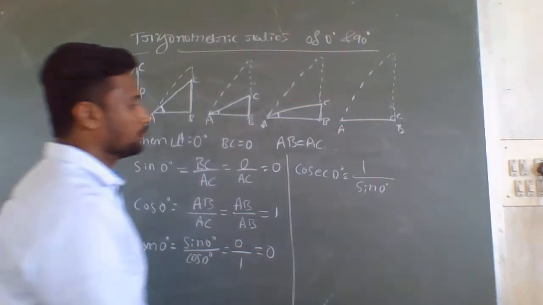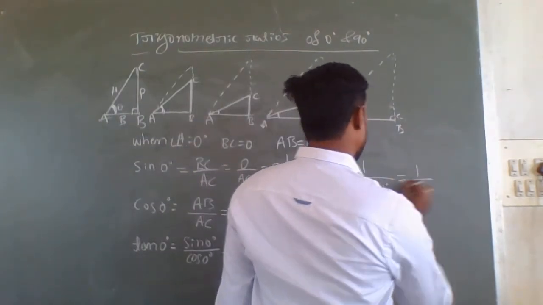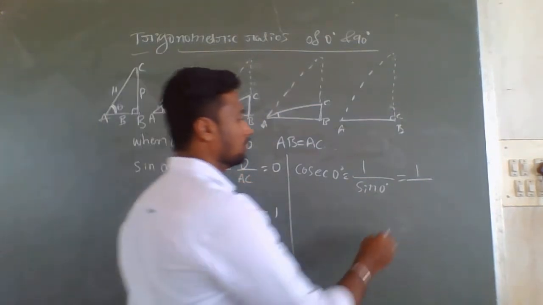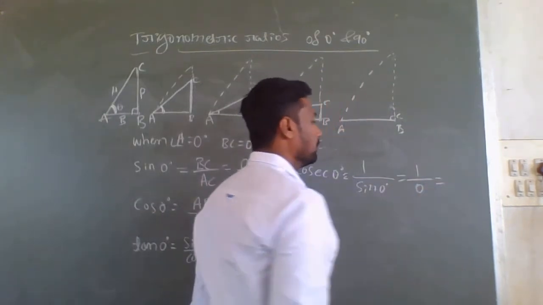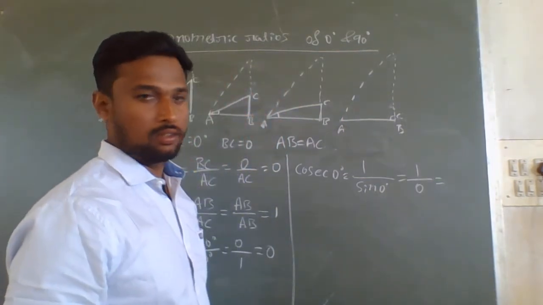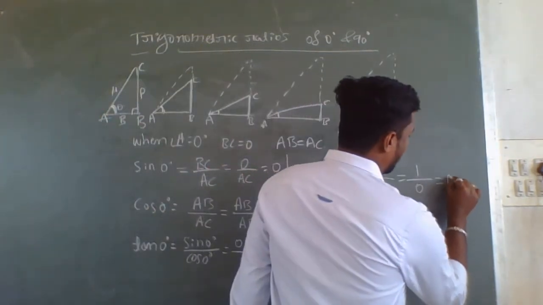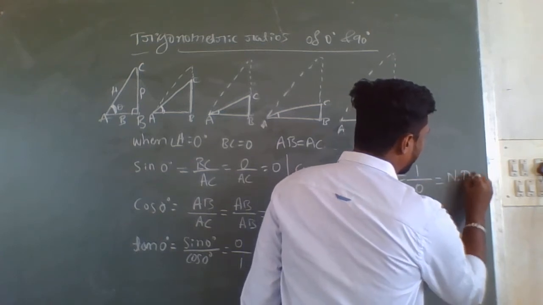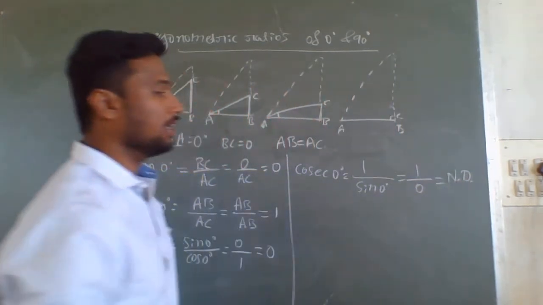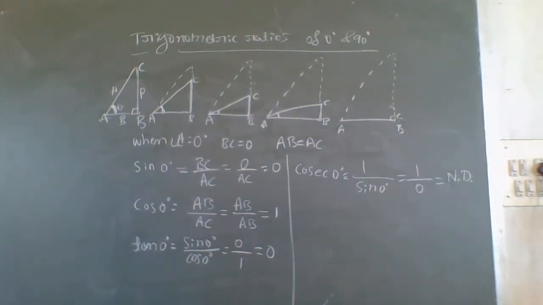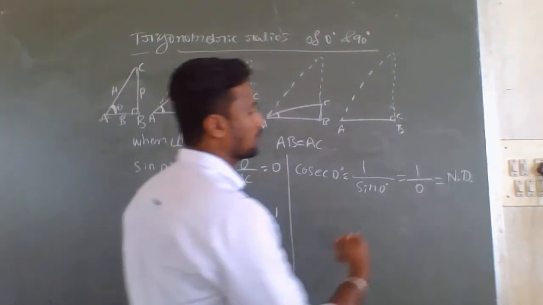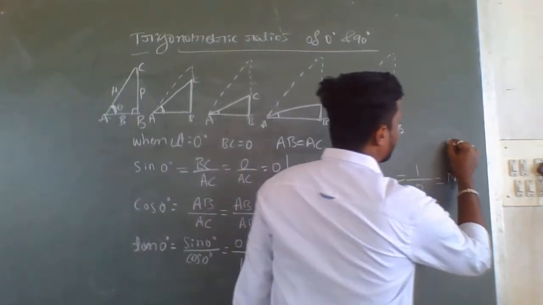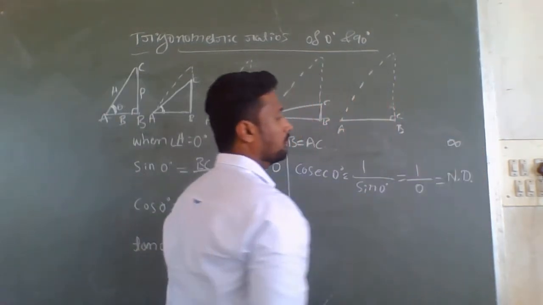So here 1 by sin 0 value. What is the sin 0 value? 0. So 1 by 0. 1 by 0, what will you get? This value is referred to as not defined. Here I am writing ND. ND means not defined. 1 by 0 is always not defined, or you can refer to it as infinite also.